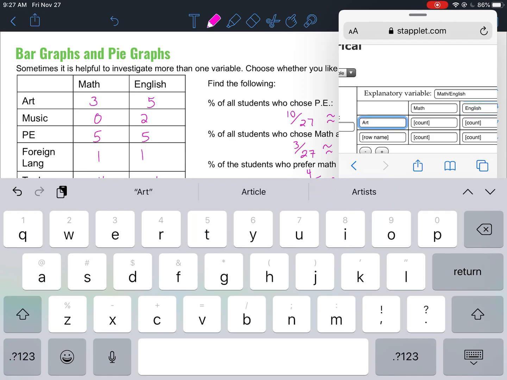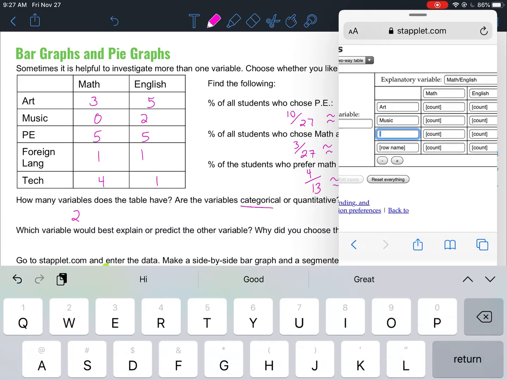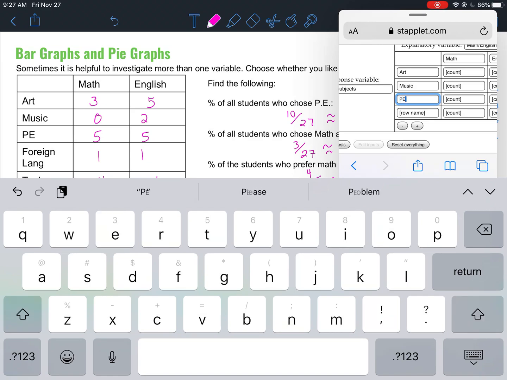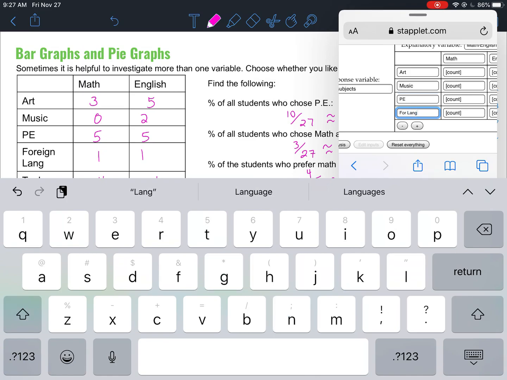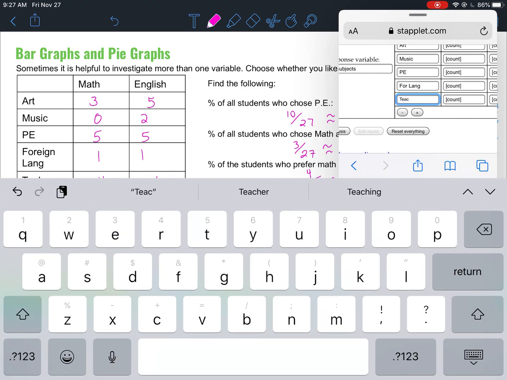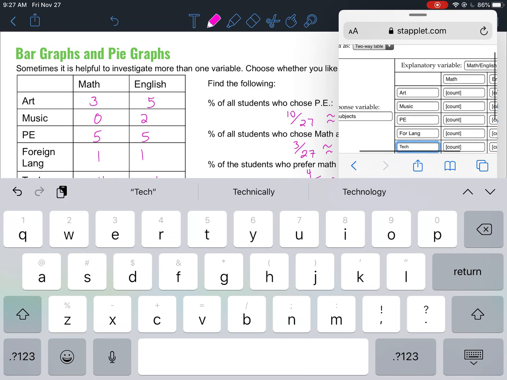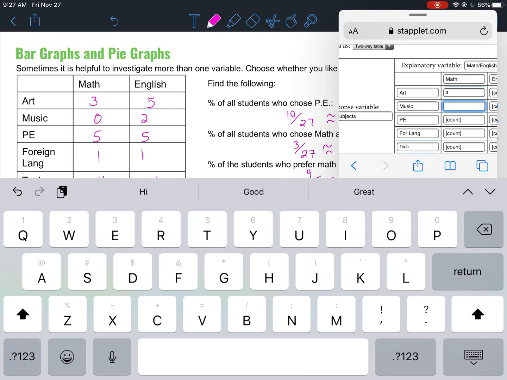And then we had our favorite electives. We had art. We had music. We had PE. We had foreign language. And we had tech. Not teach, tech.